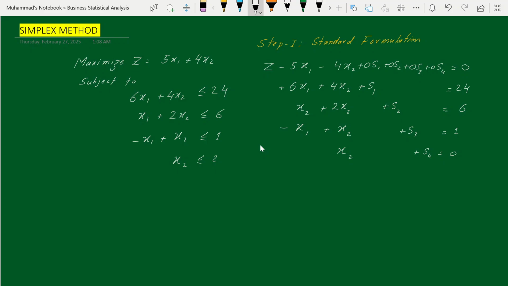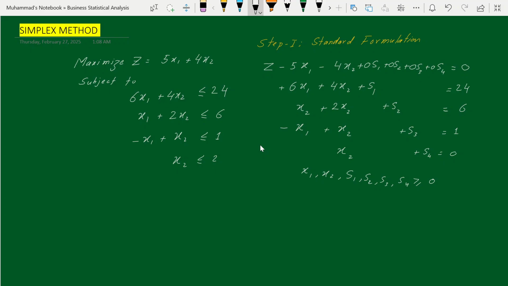Here we have two original decision variables, x1 and x2, and in addition we introduced four slack variables, each slack variable for a constraint: s1, s2, s3, and s4. These are greater than or equal to 0, because of the non-negativity constraint. So step number one is just the standard formulation.